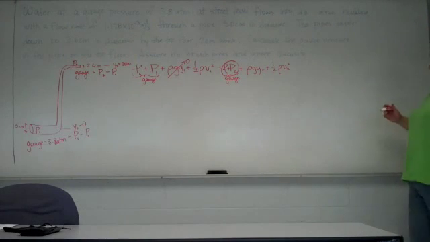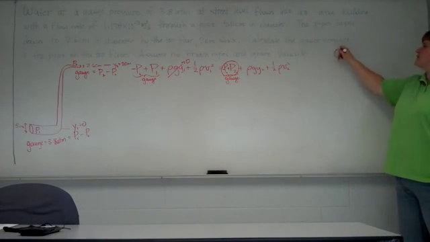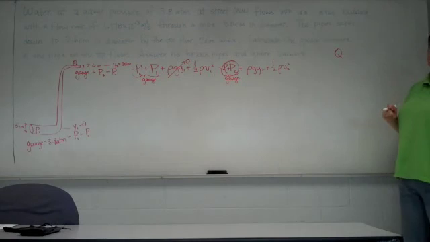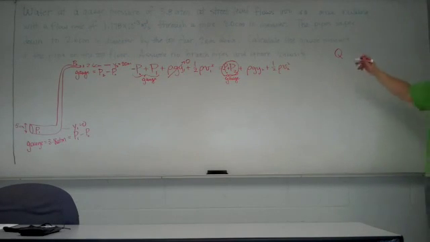Our other equation that we have for fluid flow is the flow rate. Remember, flow rate Q is volume per time. That is the 1.178 times 10 to the negative 3 cubic meters per second. So we know the flow rate. Flow rate is also equal to cross-sectional area times speed.